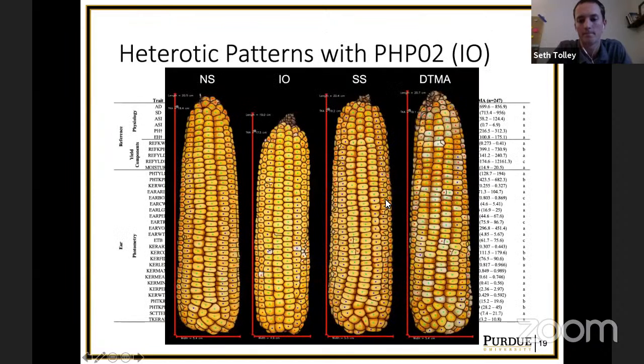What was interesting, though, is that the DTMA material made up for this in terms of its yieldability, because the individual kernel characteristics were significantly greater than our temperate heterotic groups.